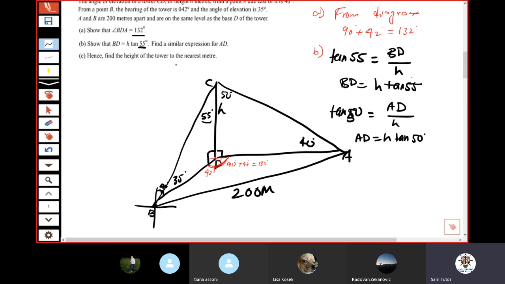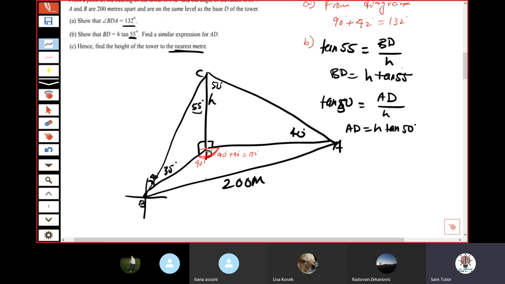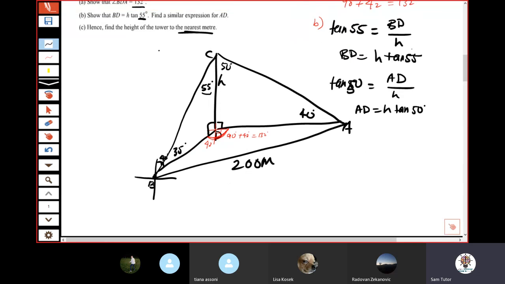C just says now, hence find the height, and we're trying to do it to the nearest meter, so keep that in mind. All right. Anyone have any ideas of how I'm going to be able to find this height? AD squared plus BD squared equals 200 squared.